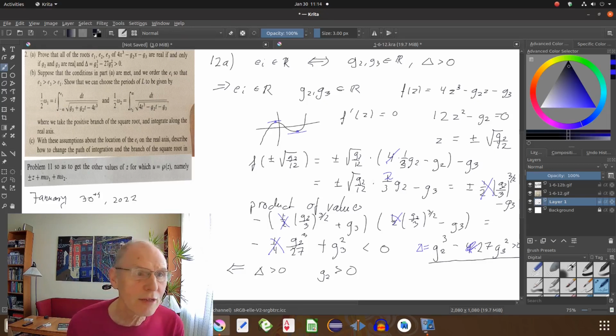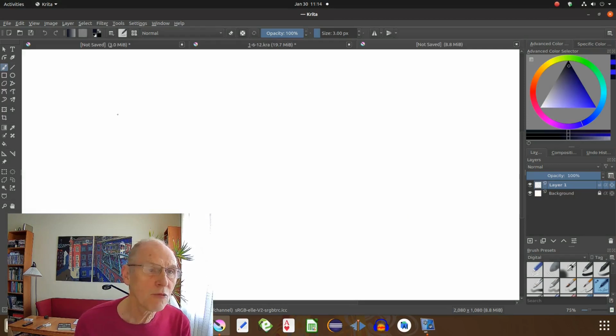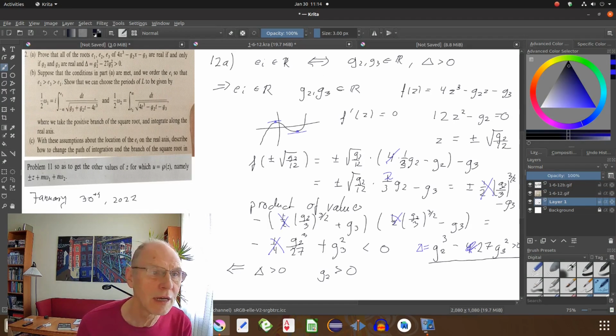So that was 12a. Going to 12b. Now we can. This integral makes sense, of course.